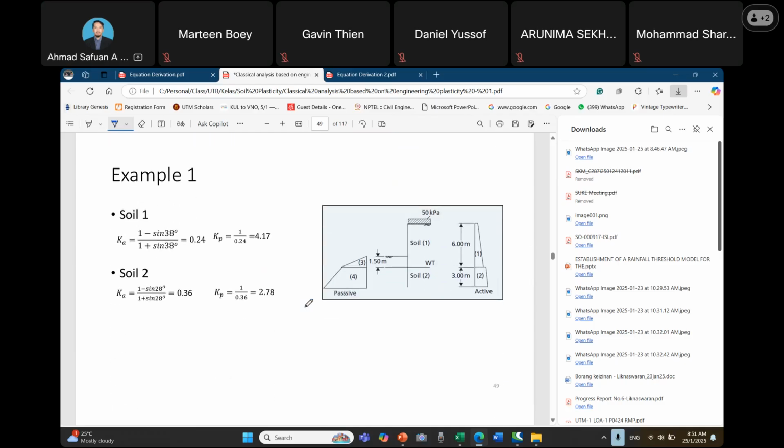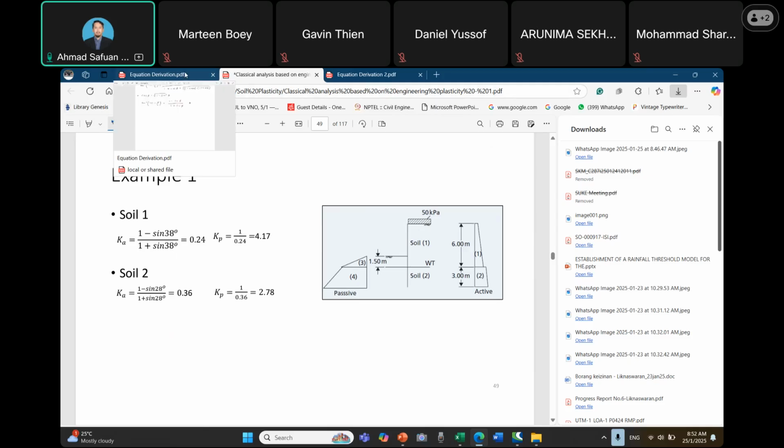The first step is to determine what we call the coefficients of active and passive. So either we use the equation (1 minus sine phi) over (1 plus sine phi), or we can use tangent squared of (45 minus phi over 2).